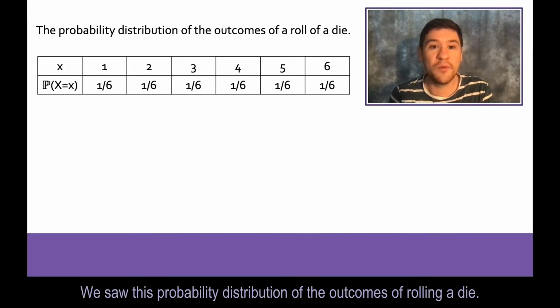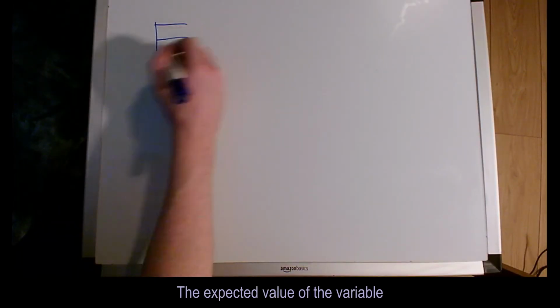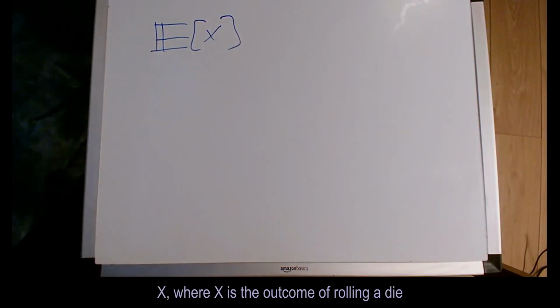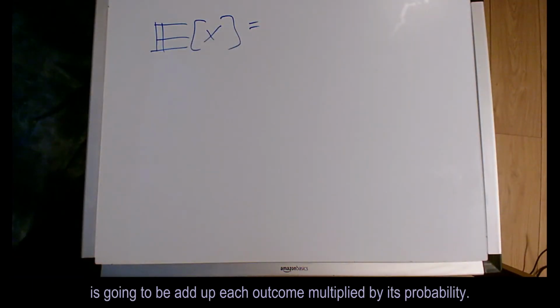We saw this probability distribution of the outcomes of rolling a die. Now what is the expected value of this? The expected value of the variable X, where X is the outcome of rolling a die, is going to be add up each outcome multiplied by its probability.